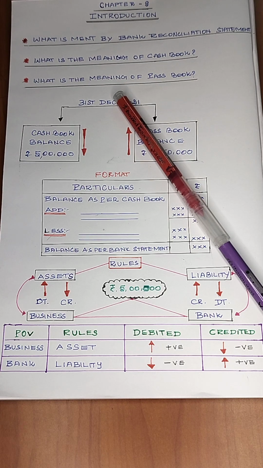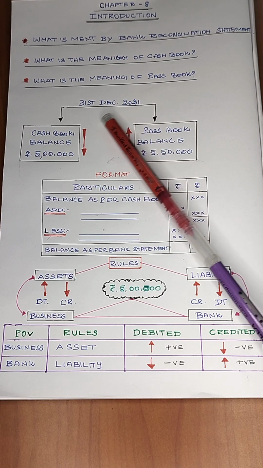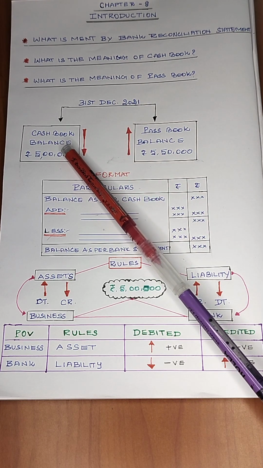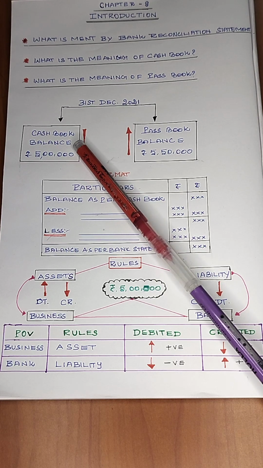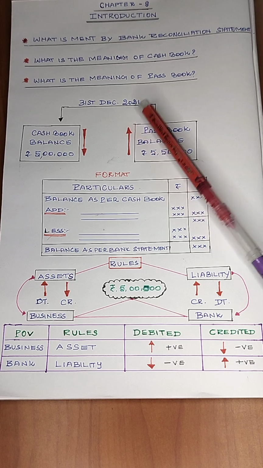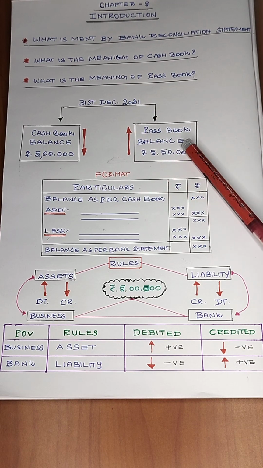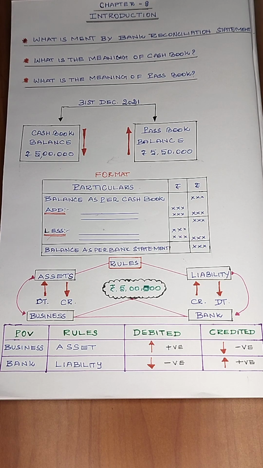For example, let's say on 31st December 2021, the cash book balance says 5 lakh rupees is in the bank account. But on 31st December 2021, the passbook bank balance says 5 lakh 50,000.